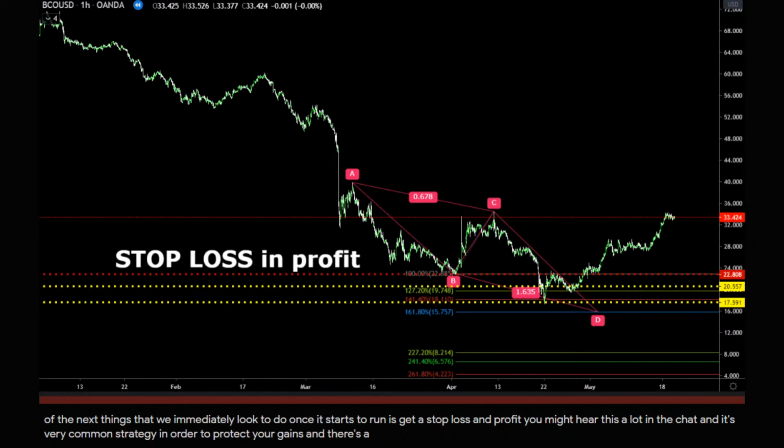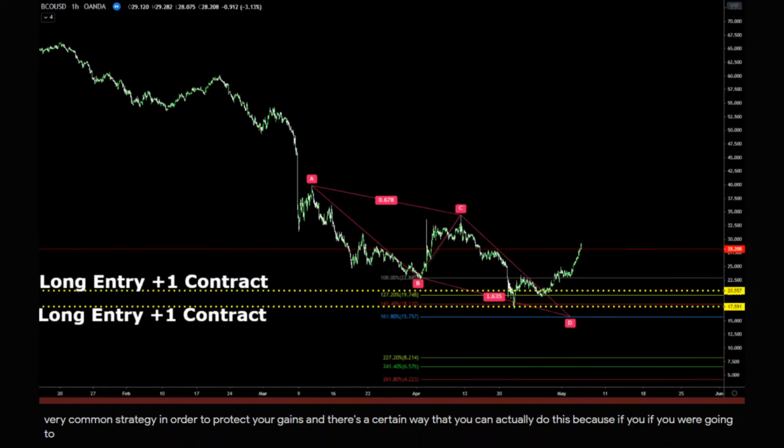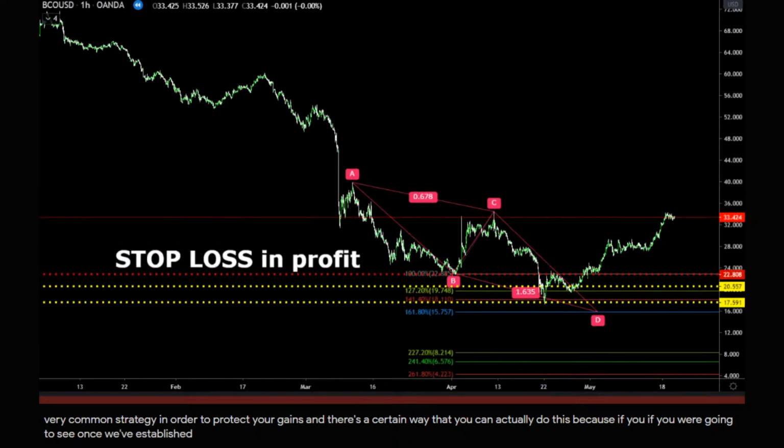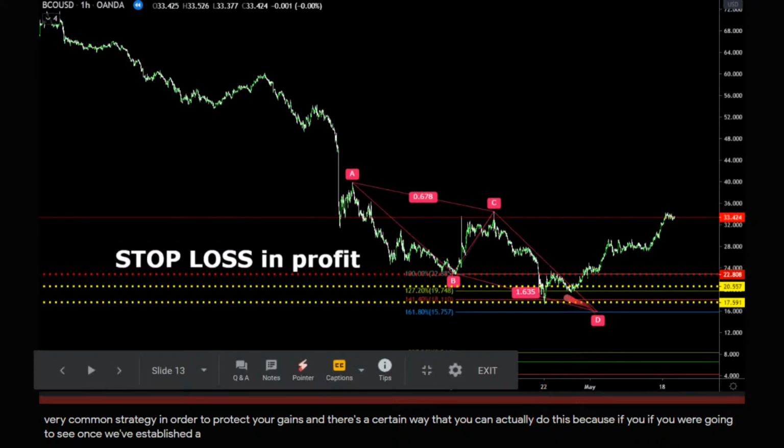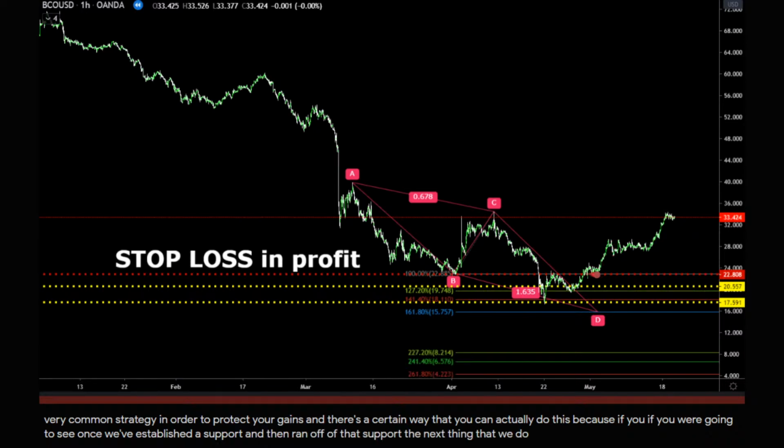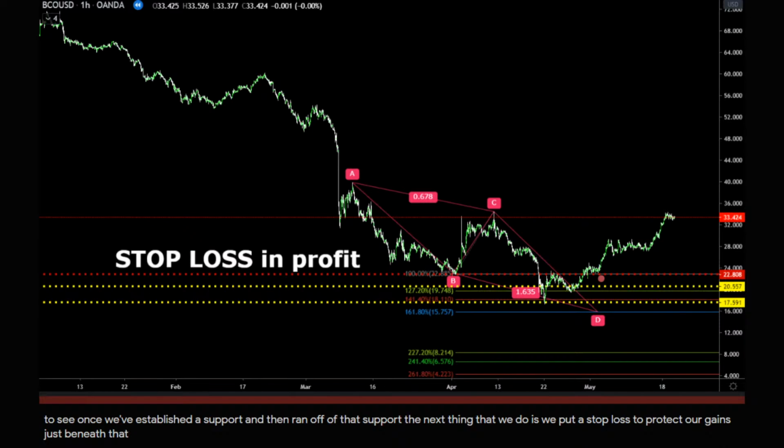And there's a certain way that you can do this: once we've established a support and then ran off of that support, the next thing we do is put a stop loss to protect our gains just beneath that support.